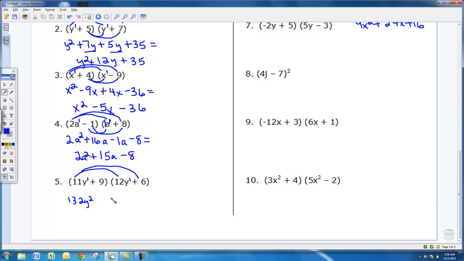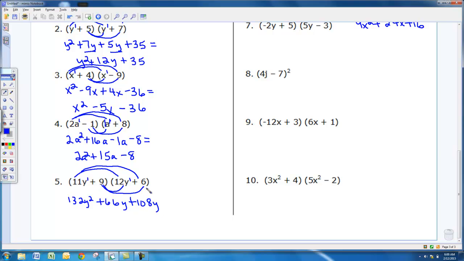Outer, 11y times 6, 66y. Inner, 9 times 12y, 108y.